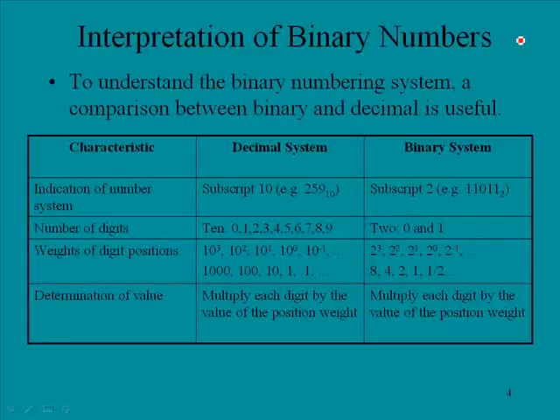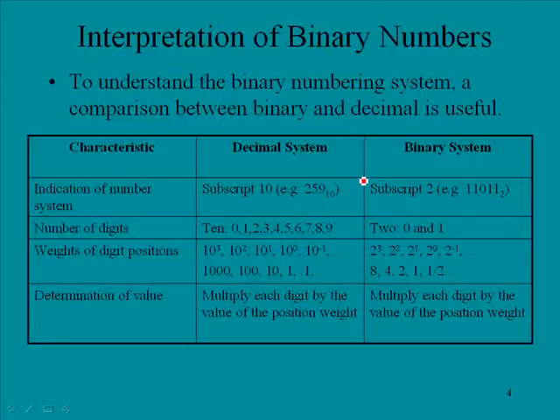Okay, to understand the binary numbering system, a comparison between binary and decimal is useful. So here we have a table of characteristics, and we're going to be looking at the decimal system and then comparing it with the binary. So, the indication of number system: here we have the subscript 10, and we see this number 259 with the 10 right here, and this is simply indicating that this is a base 10 numbering system.